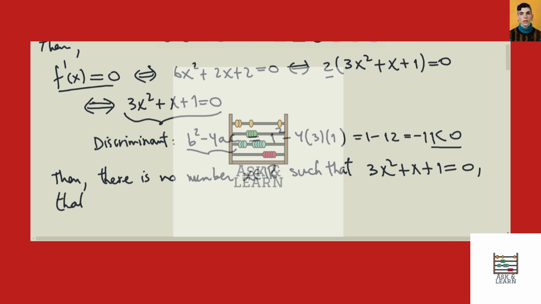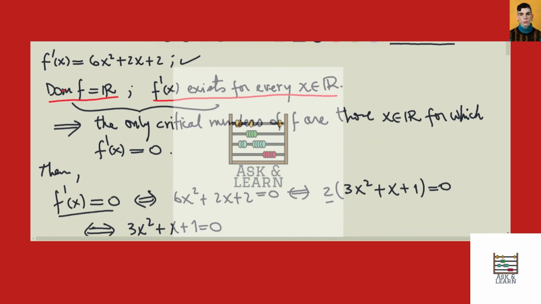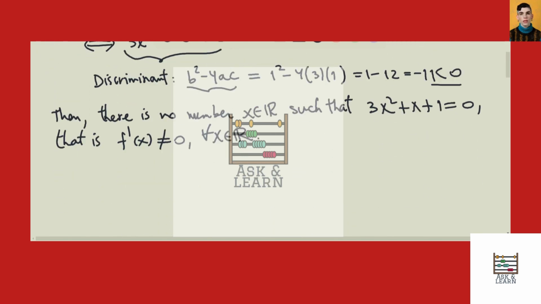That is the same as saying that the first derivative of f is different from 0 for all x in the real numbers. And then, taking into account what we said above, we can conclude that this function has no critical points.